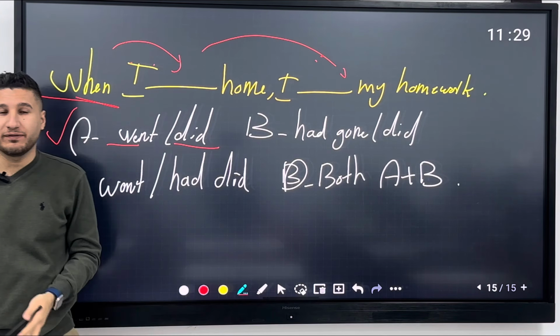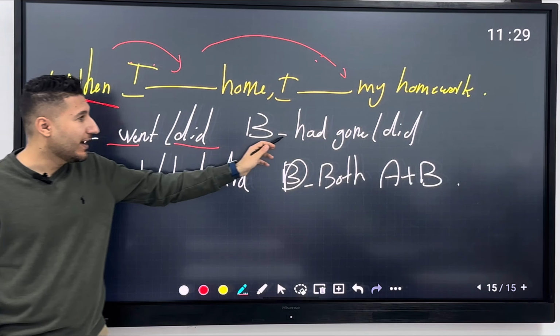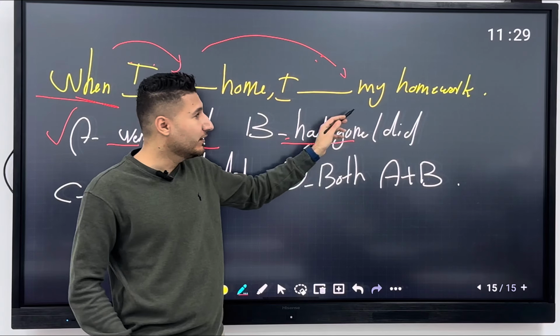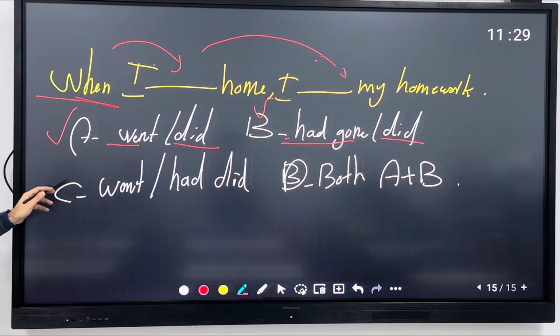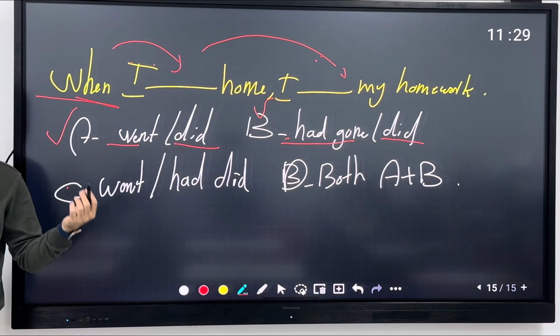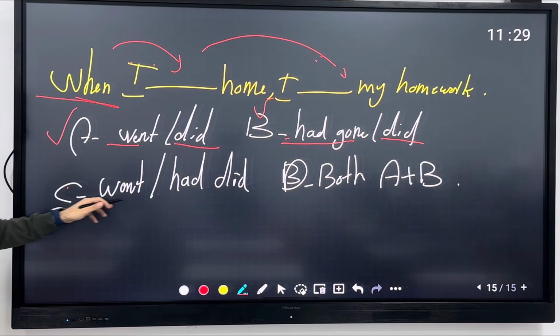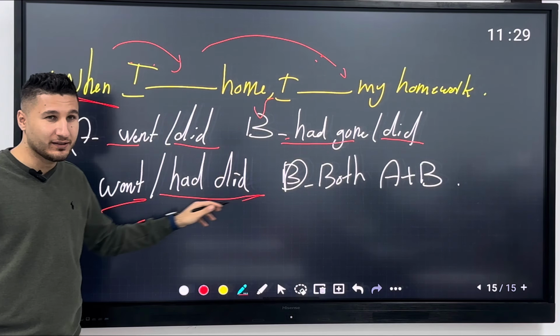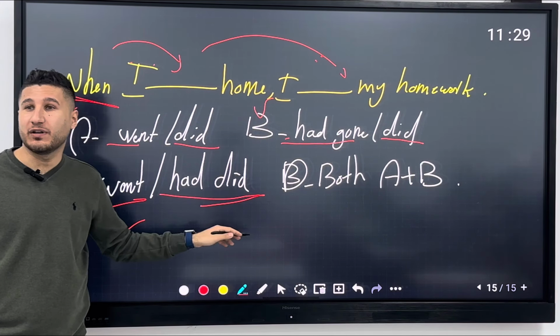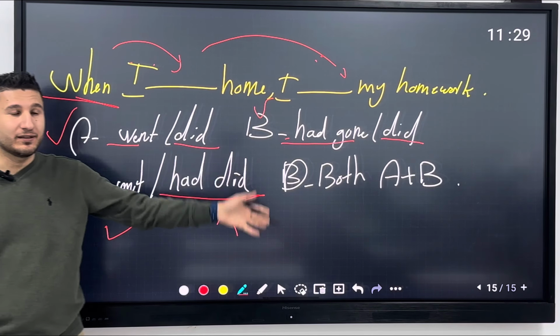Do we have past perfect, past simple? Had gone. Is this past perfect? Is this past simple? Yes. Check C. Past simple, past perfect. Is this past simple? Yes. Is this past perfect? Why isn't it past perfect? Who can tell me? Had did.